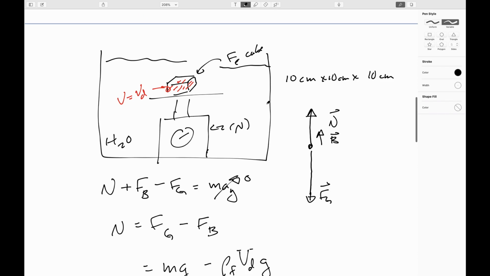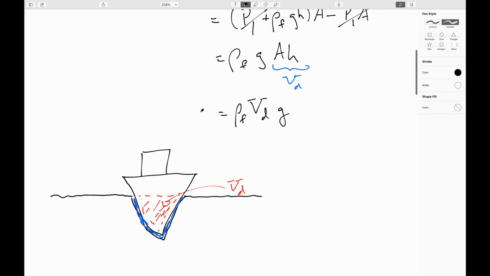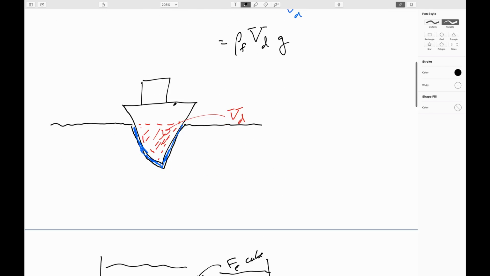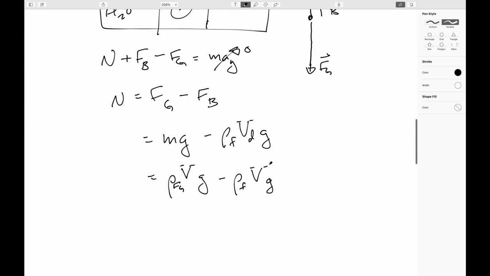That's different from our battleship, where this is the volume of the battleship, but only that is the displaced volume. Or the ice cube, where this is the volume of the ice cube, but that is the displaced volume. Here, it's the whole thing. So we can pull out a V and a g from everything. So we have the density of iron minus the density of the fluid times Vg.